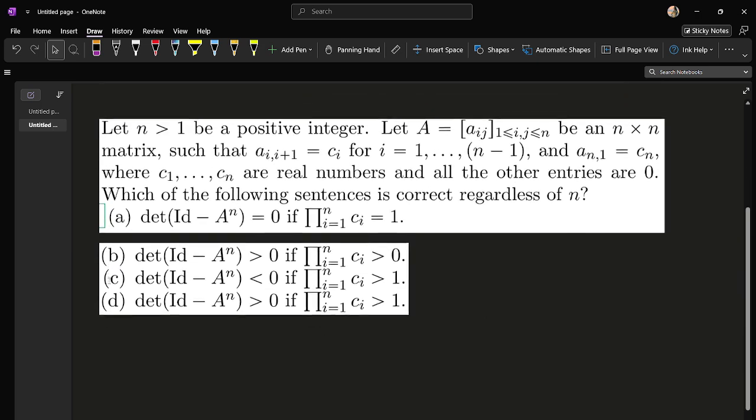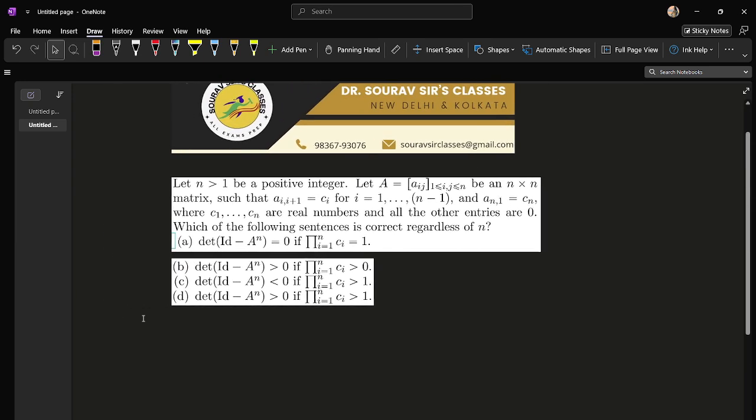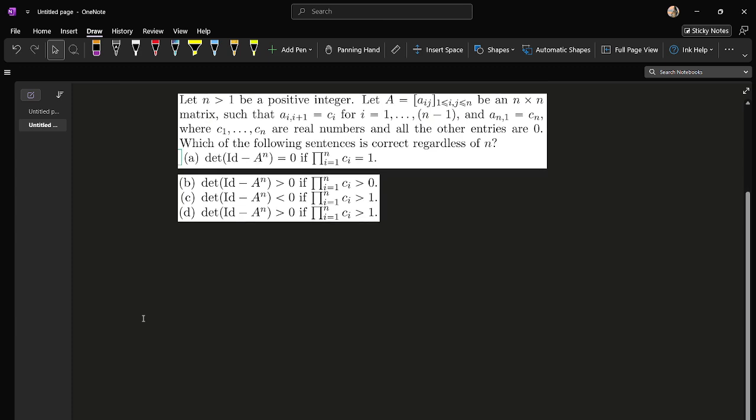This question appeared on this examination, and the question is telling us: let n greater than 1 be a positive integer, and let A = (Aij), with i and j lying between 1 and n, be an n cross n matrix such that the entry Ai,i+1 is equal to Ci for i equals 1 to n minus 1, and An1 is equal to Cn, where c1, c2, ..., cn are real numbers and all the other entries are 0. Which of the following statements is correct regardless of n?